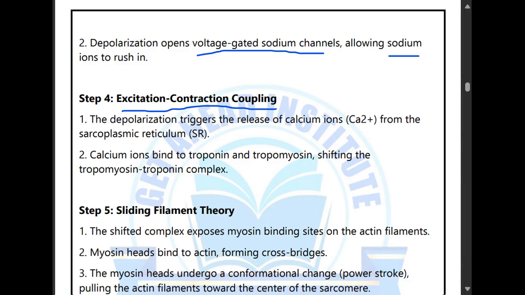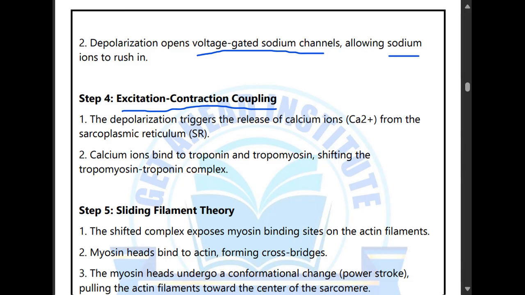Once acetylcholine binds to the nicotinic receptors, the gated channels open, and we'll have an increased number of sodium ions entering the cell, and potassium ions will leave the cell. In skeletal muscle as well, the threshold is negative 55 millivolts.